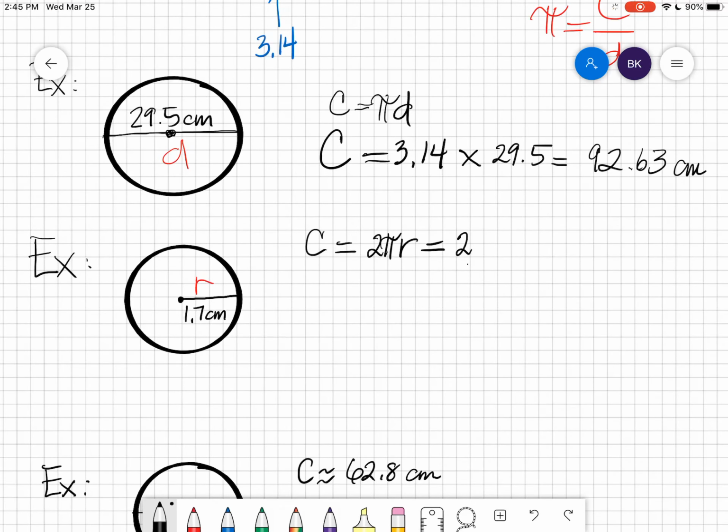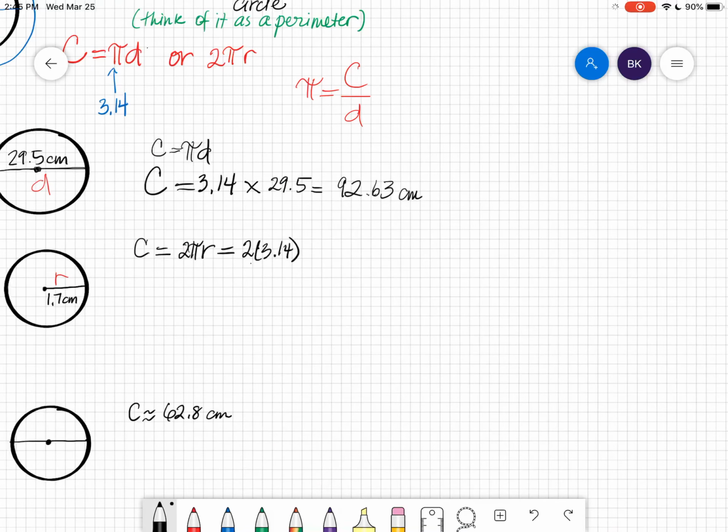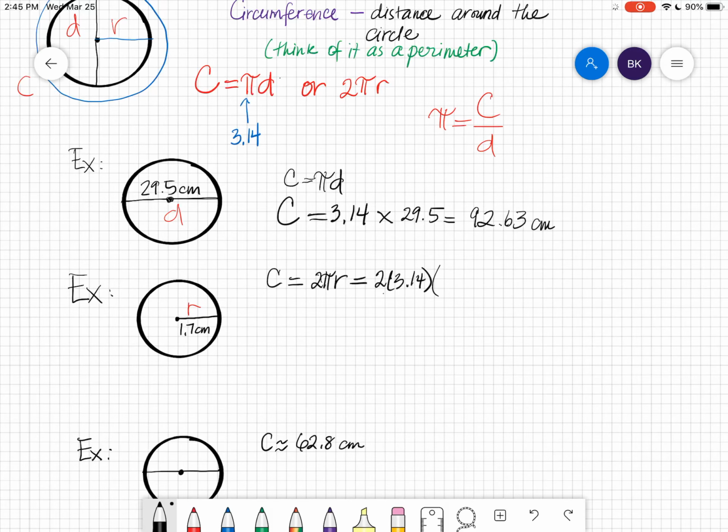I'm going to write 2 times 3.14, sorry about my penmanship on this iPad, times 1.7. When you multiply all three together, you will get 10.68. Is that inches or centimeters? It is centimeters.